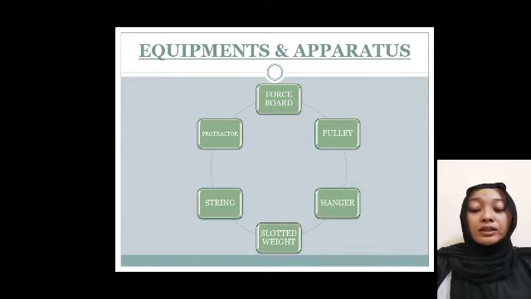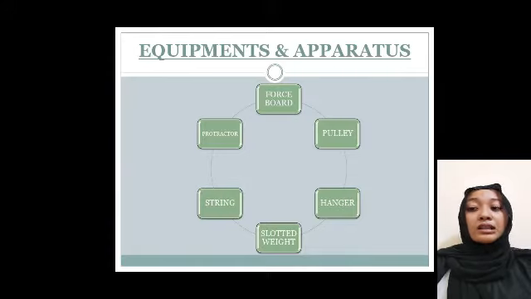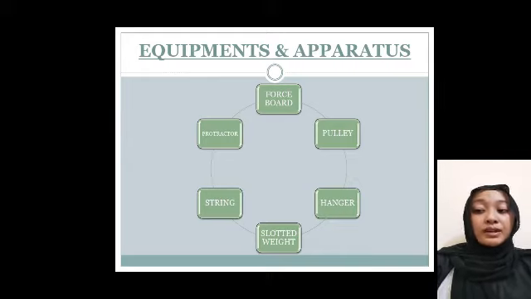Fourth, slotted weight. The slotted mass or weight hanger combination allows a student to quickly create any desired amount of mass to use in experiments involving force, acceleration, and mass.